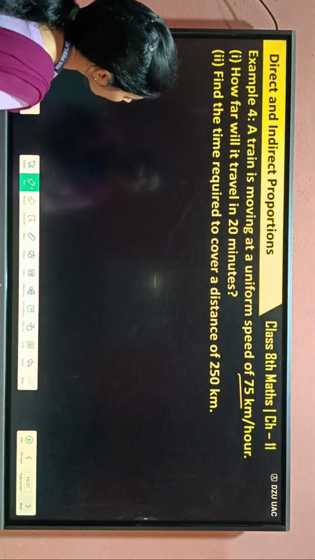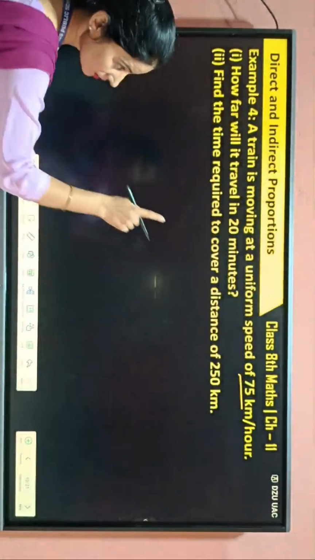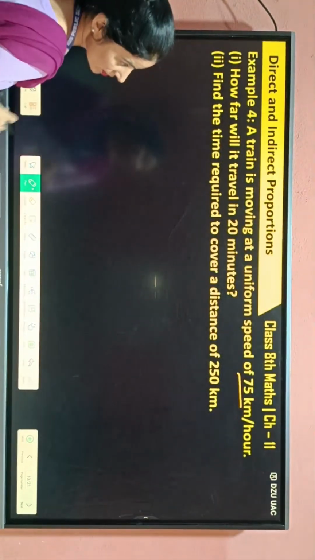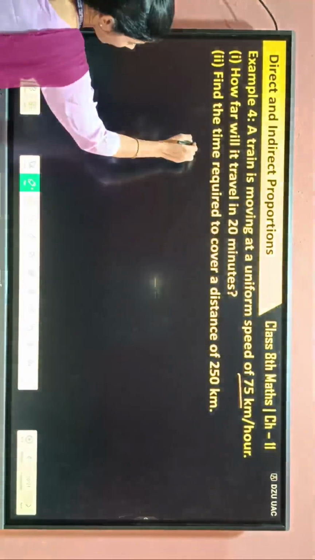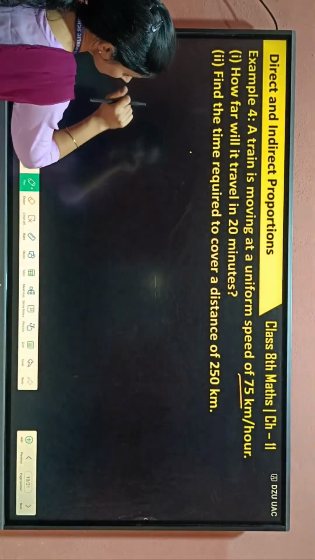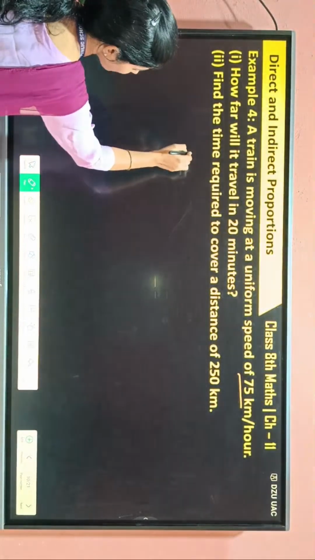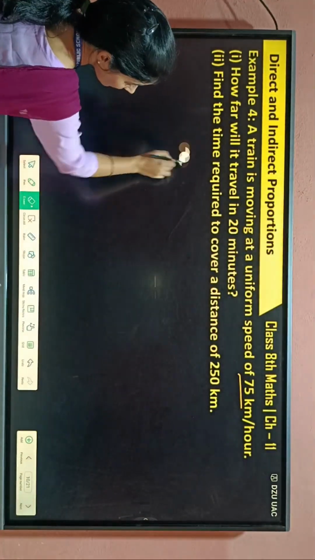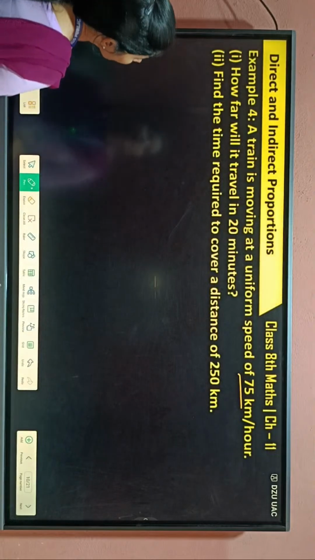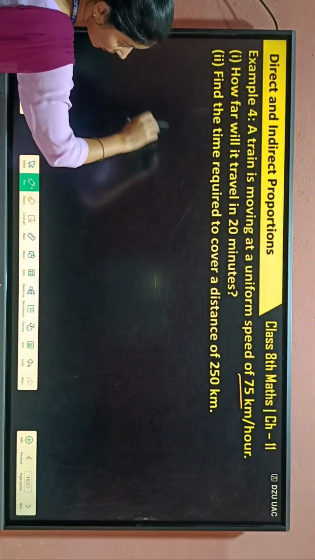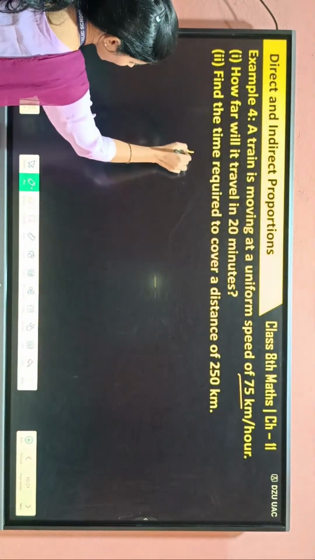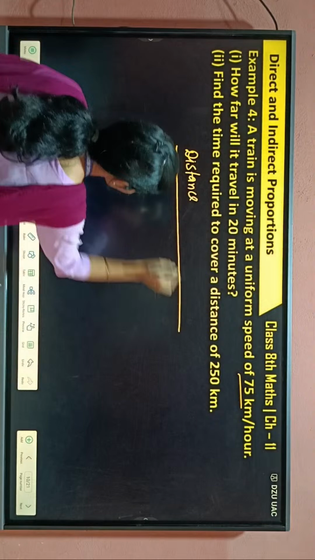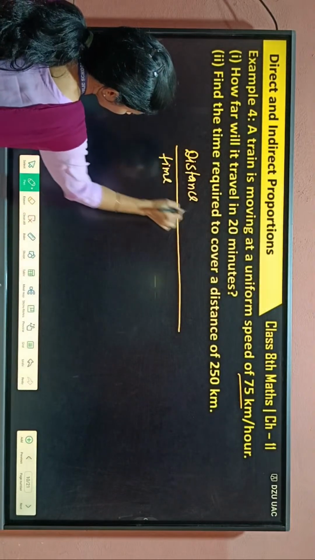So, how far will it travel in 20 minutes? 75 km in 1 hour. Let us tabulate this information. You will write distance and time.